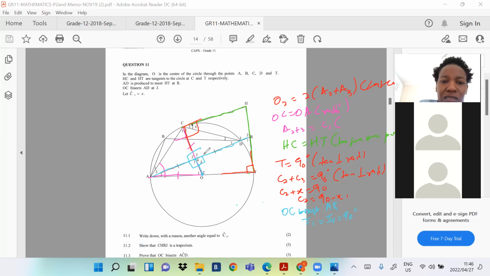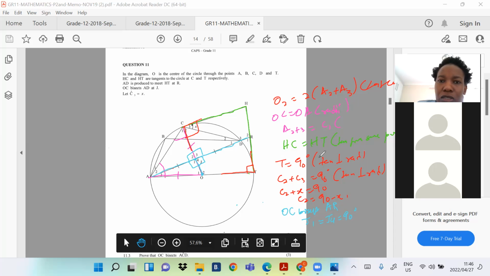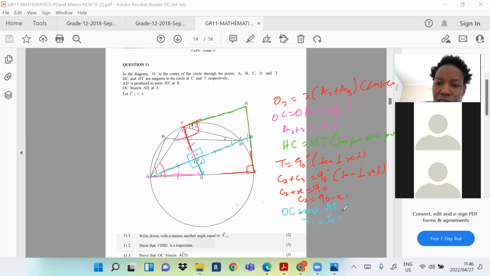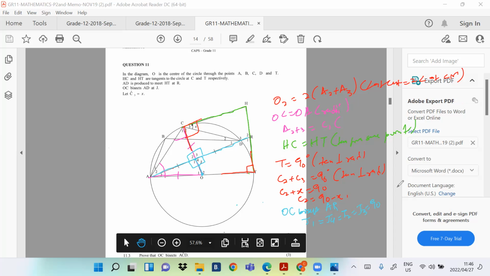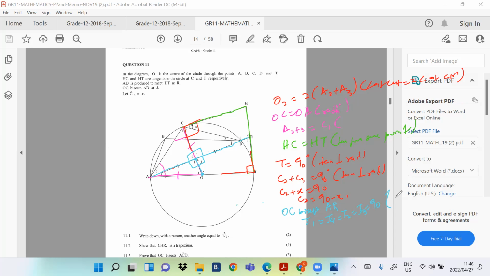They are also 90. So J1, J2, J3, J4 are all 90 degrees because of a line from the center to the midpoint.